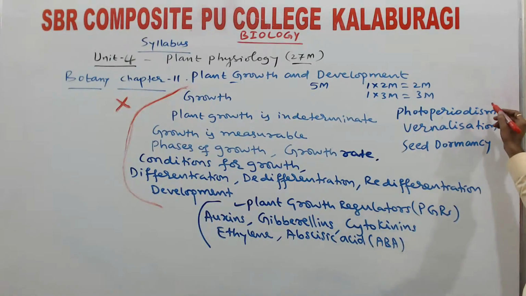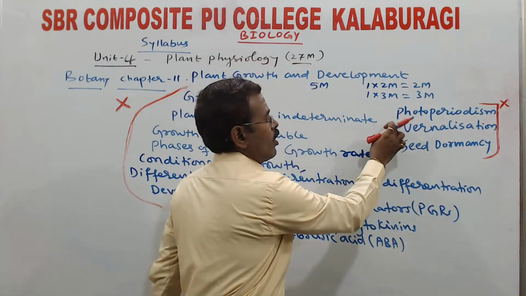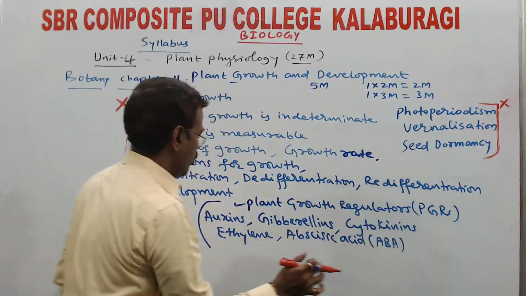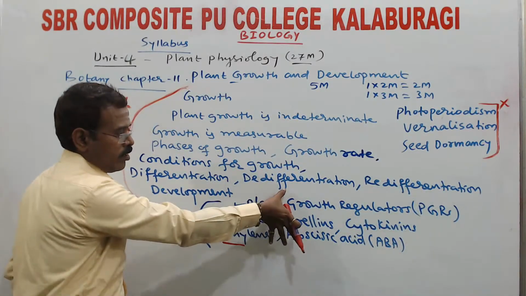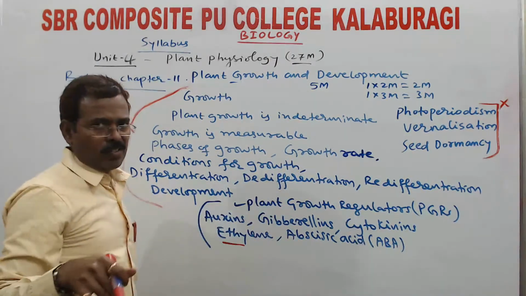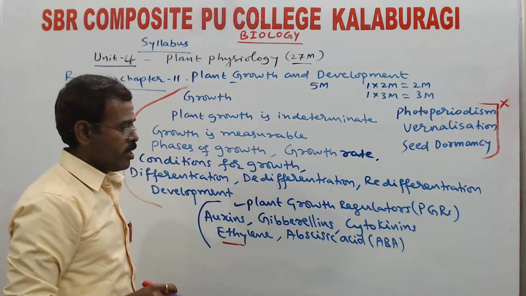These 3 concepts are also deleted from this chapter. We will learn mainly this part only, plant growth regulators. So this chapter has been highly condensed now after the removal of major concepts, right?